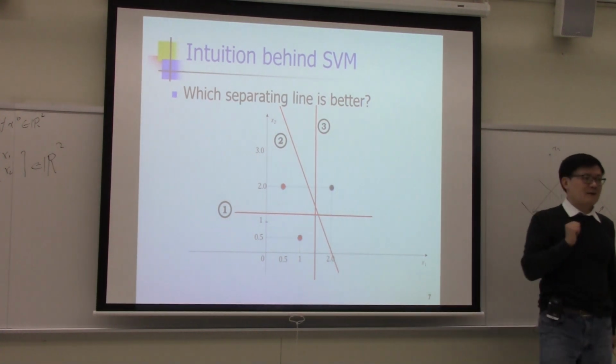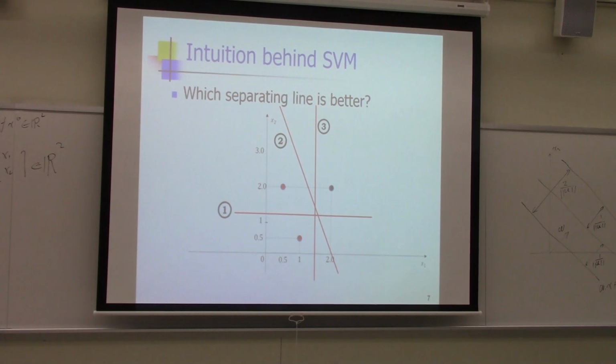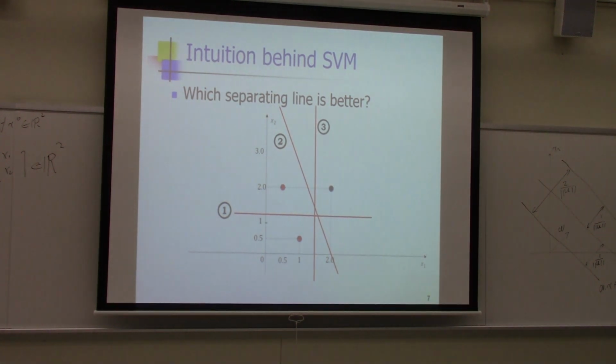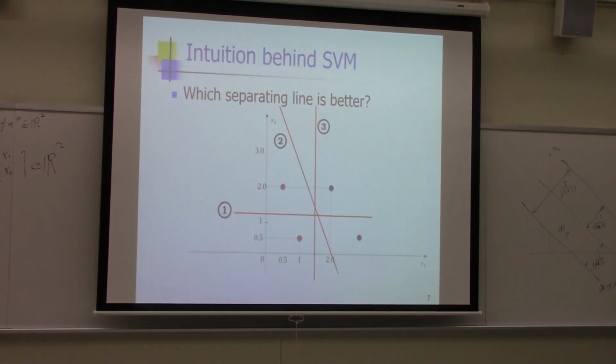And now I add 1 point and see if the best line will change. I add 1 point here, right? My question: is the best separating line still the same? You can try it. It's still the same.